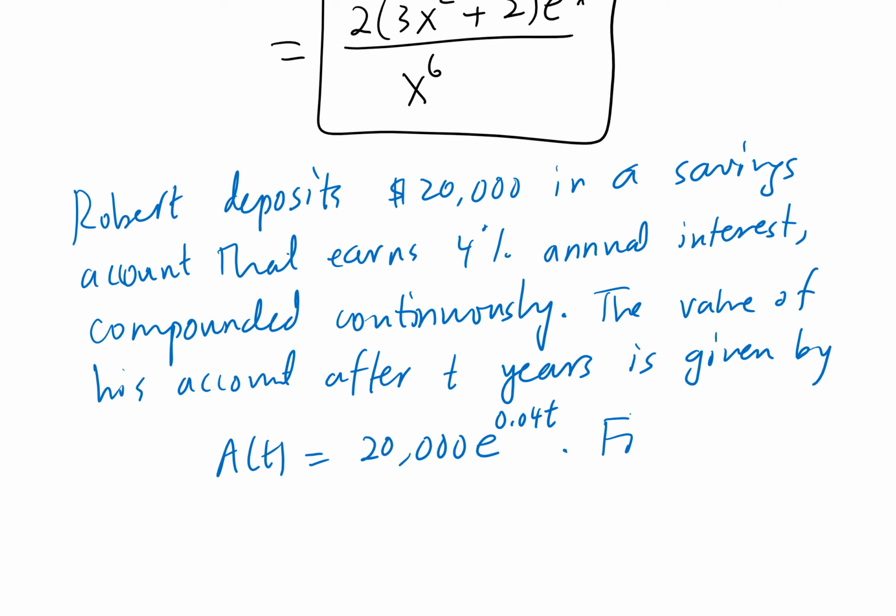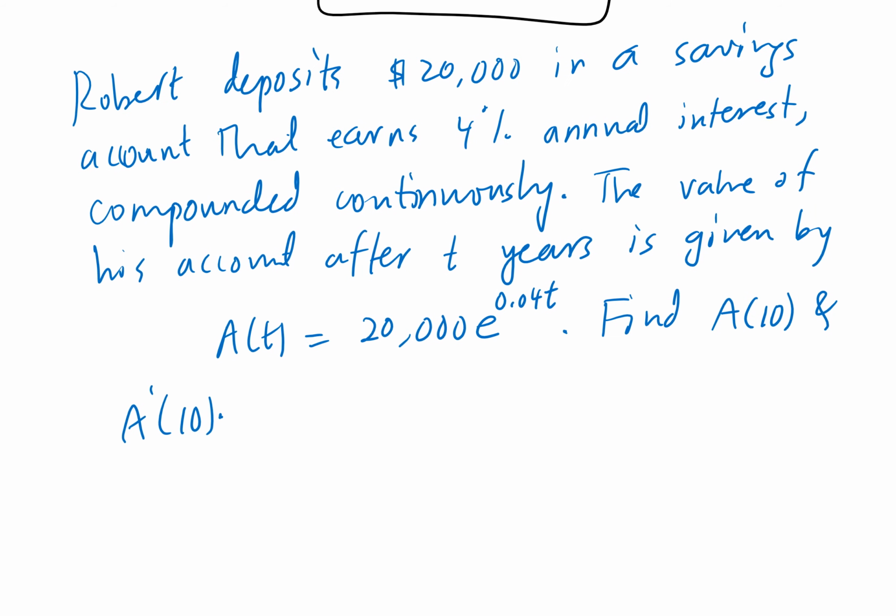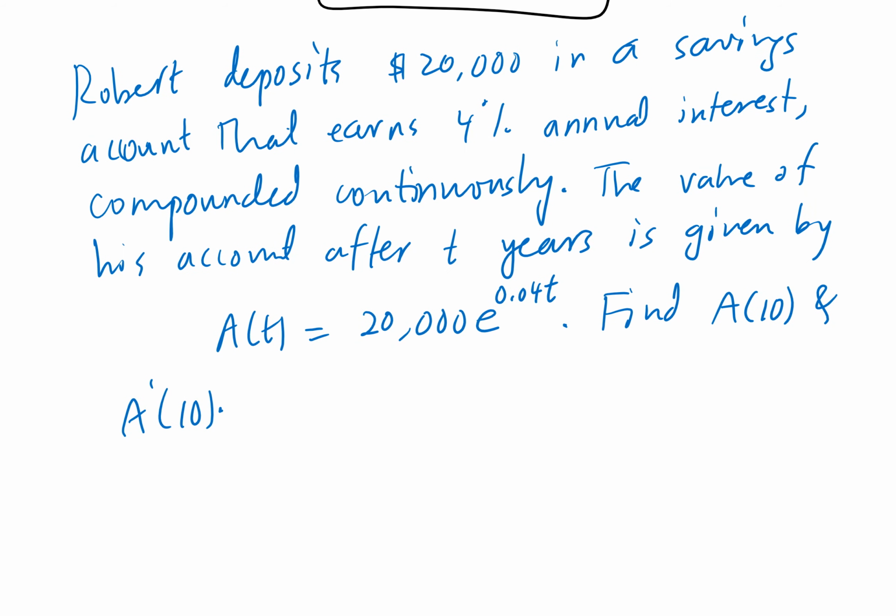We want to find A at 10 and A prime at 10. A at 10 means the amount after 10 years. So all you have to do is substitute t equals 10, 0.04 times 10, and then put that into the calculator.